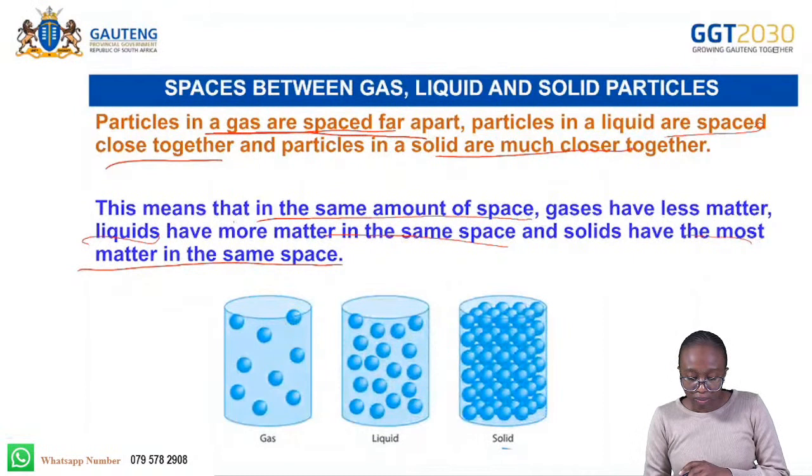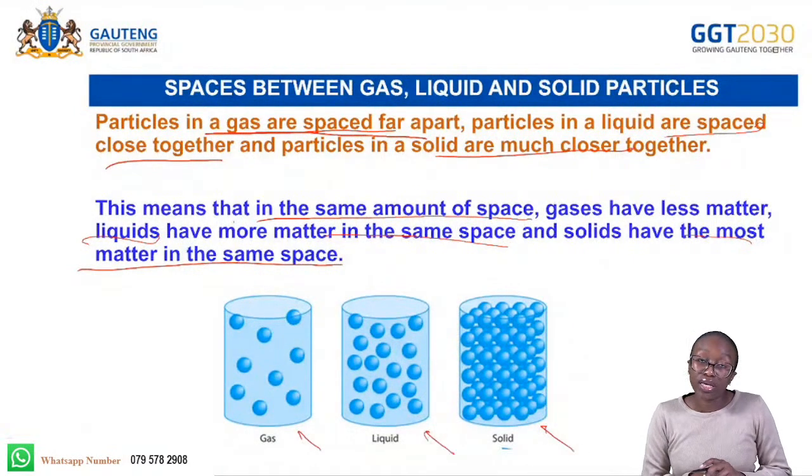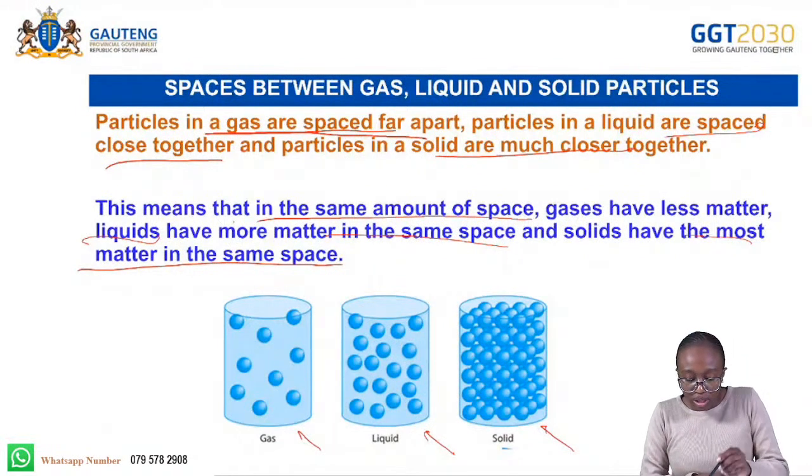Let's look at this diagram here. You see, these cylinders are the same size. They are the same size, or they are the same volume. So with a solid, we can pack in more particles in this given space in comparison to the liquid and to the gas. See, the gas particles have larger spaces between them.